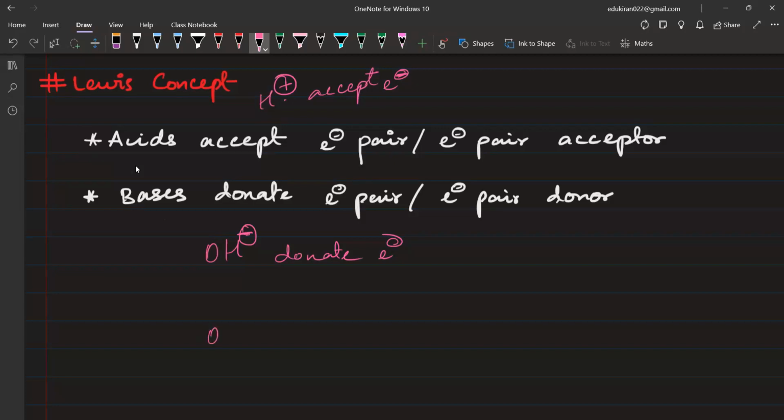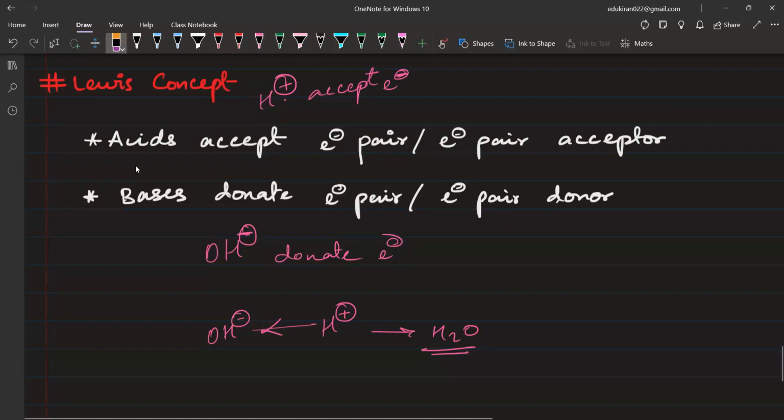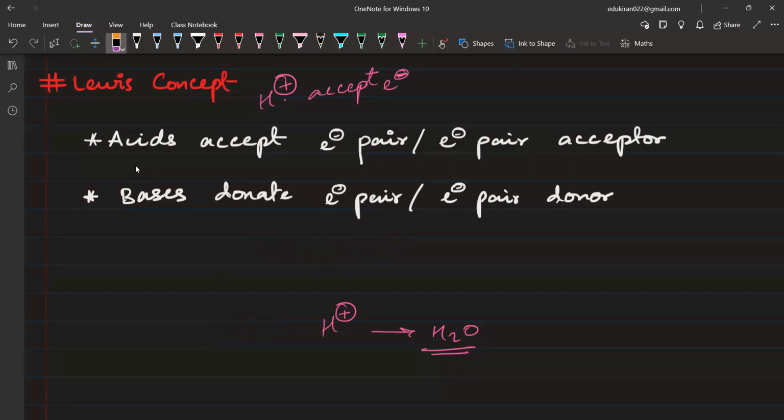Yes, so there the principle was H+ ions, so what will OH negative do with H+? Will it accept or donate, what will it do? What would happen if you have OH negative and H positive? What interaction will happen between the two? Yes, they will attract each other, the OH negative is going to gain H+. Yes, sir. So there the principle, the main point was H positive, and here the main point is electron. Since the charges are different, that is why accept and donate have differences, so don't memorize it here. If you try to memorize it, then it will be difficult, but if you understand it, then it will be easy.